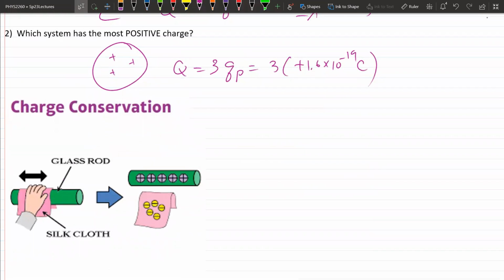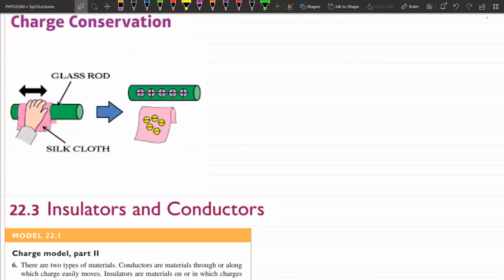So one thing to note is that when you rub a material, if both materials started off neutral, and the glass rod picked up positive 5 protons' worth of charge, that positive 5 protons' worth of charge has to be made up by 5 negative charges that went to the silk cloth.